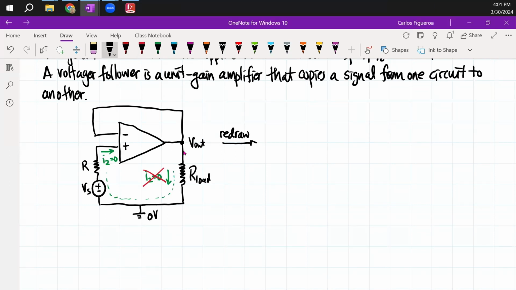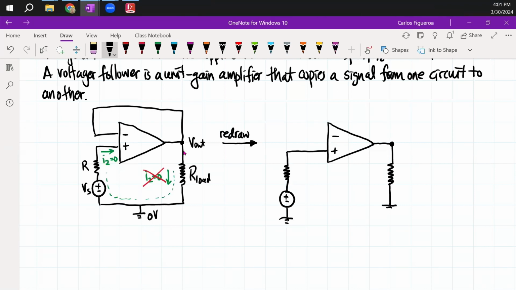Okay, we're going to redraw this circuit, and what does it really look like now? These grounds all have the same reference, but we can't account for the currents here. So now I imagine that I have a resistor with my source right here, and then I have my output over here, which has its load resistor right here.